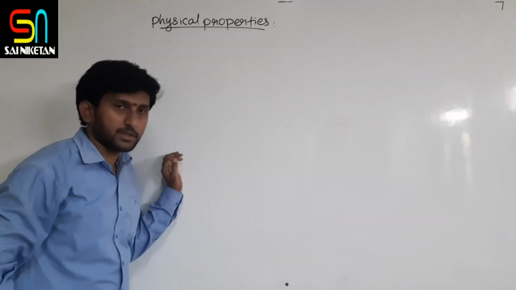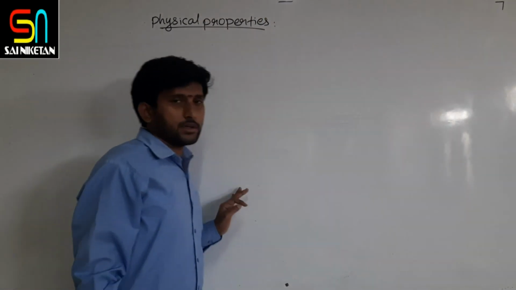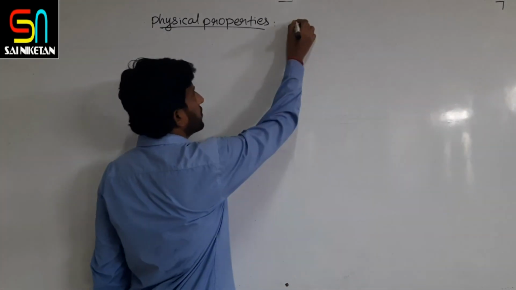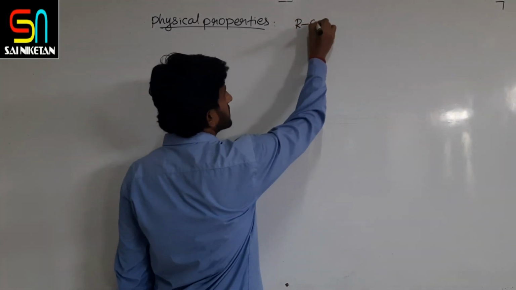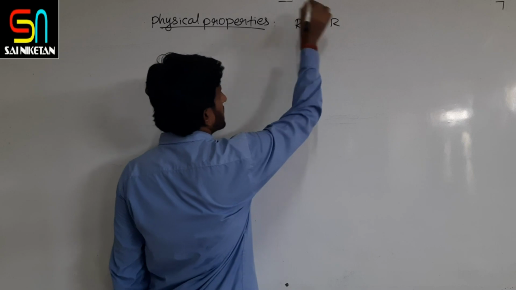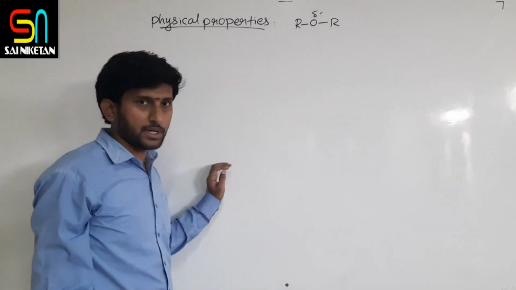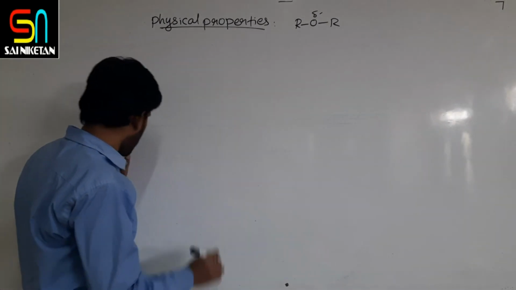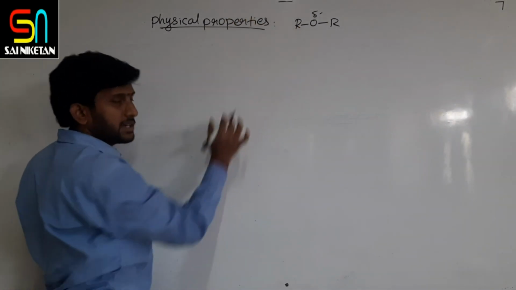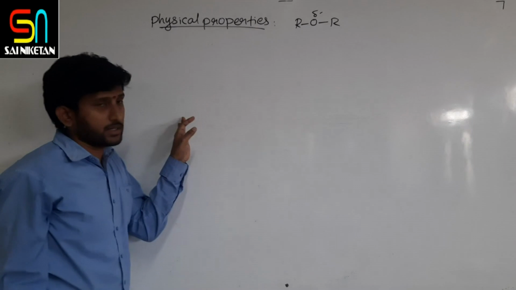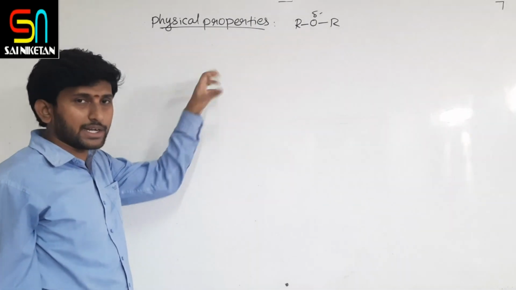Physical properties. Ethers also have polar nature because the oxygen carries partial negative charge, so they are polar in nature. They have dipole moment, and this polarity is not sufficient to make strong interactions.